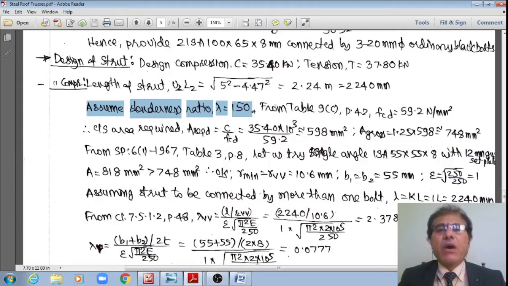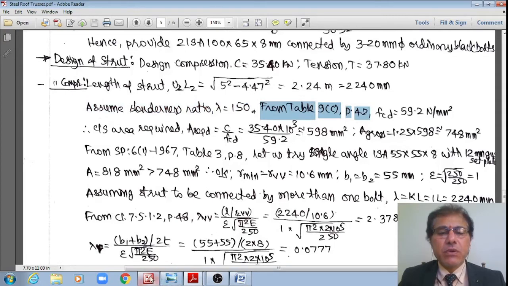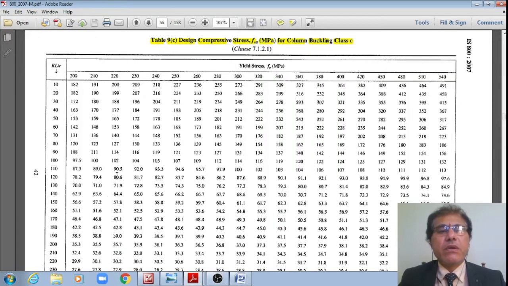Therefore now from Table 9C, page number 42 of IS 800:2007, let me just go to that IS 800:2007, student, right? Page number 42, for lambda equal to 150 and Fy equal to 250, I do have this design compressive stress fcd in MPa.